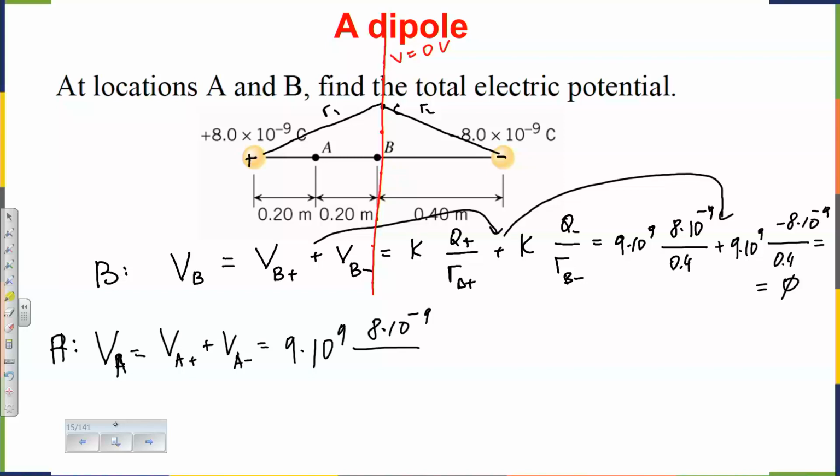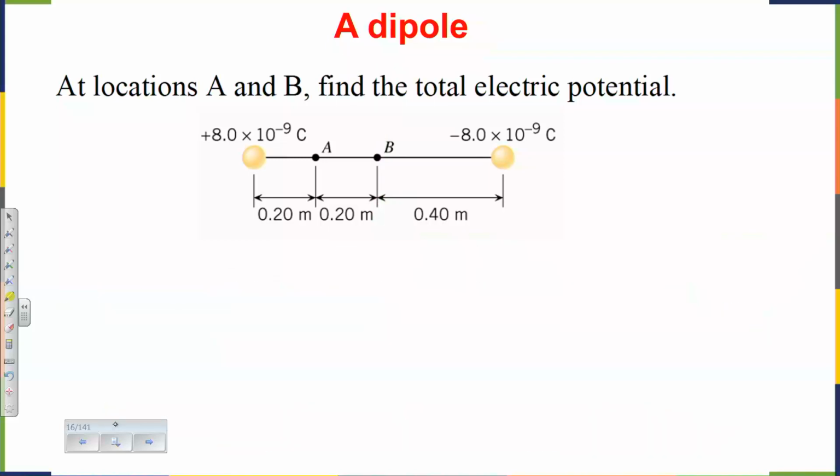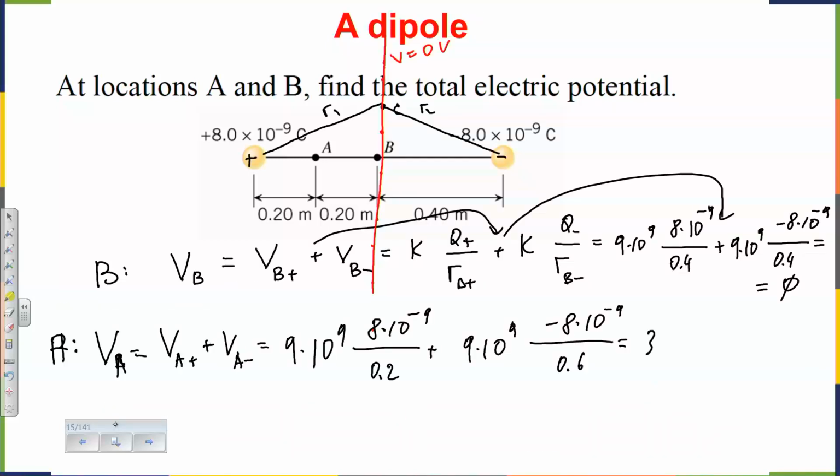From plus to A, the distance is 0.2, times 9 times 10 to the 9th. The charge is negative, and the distance from minus to A equals what number? 0.6. So now we just have to finish this calculation, and the answer is 240. See how fast I can calculate in my mind.